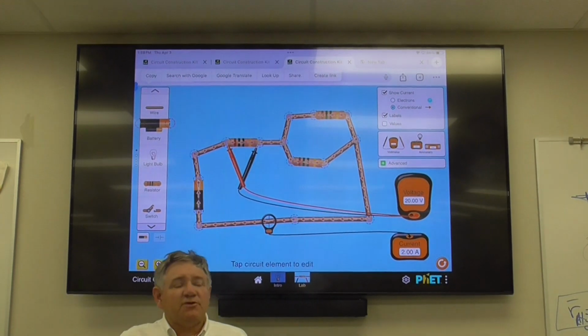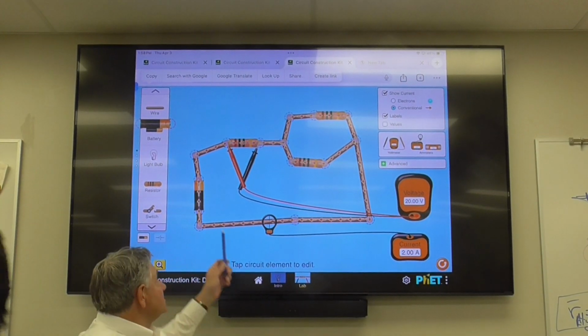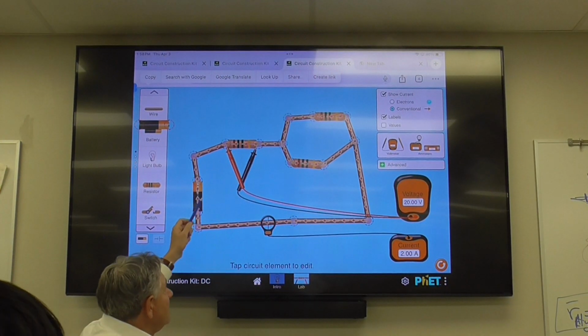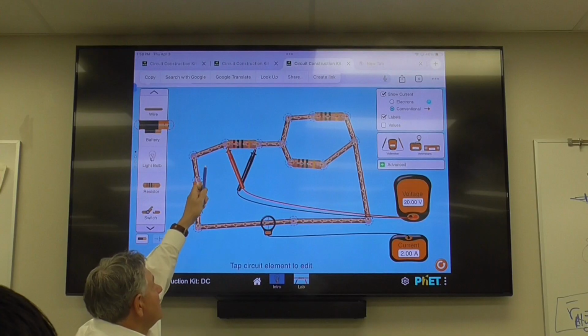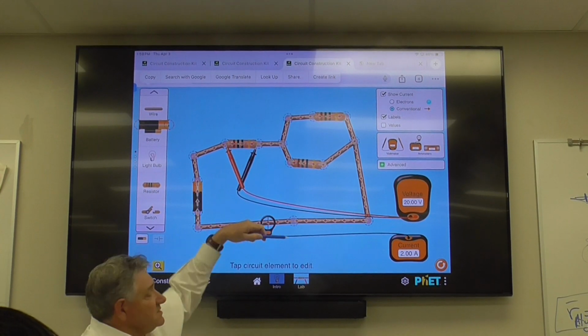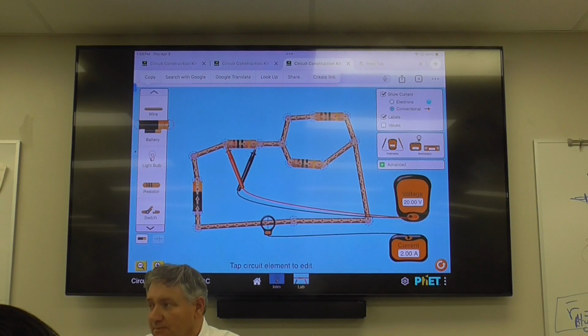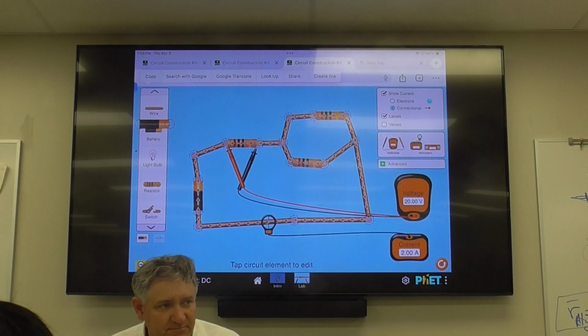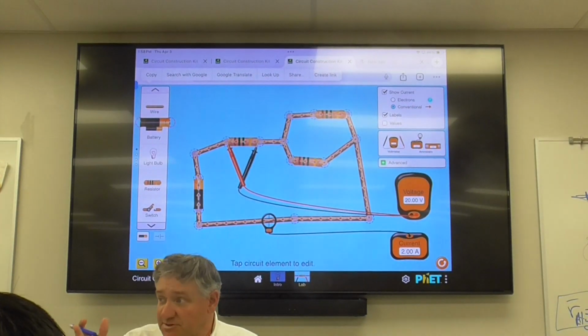If you like ratios, some people like to think of this almost like a percentage, going, okay, well, that's a 10 ohm resistor out of an equivalent resistance of 15. I've got a 30 volt drop. As a ratio, that's going to work out to be 20 volts. Some people like ratios.